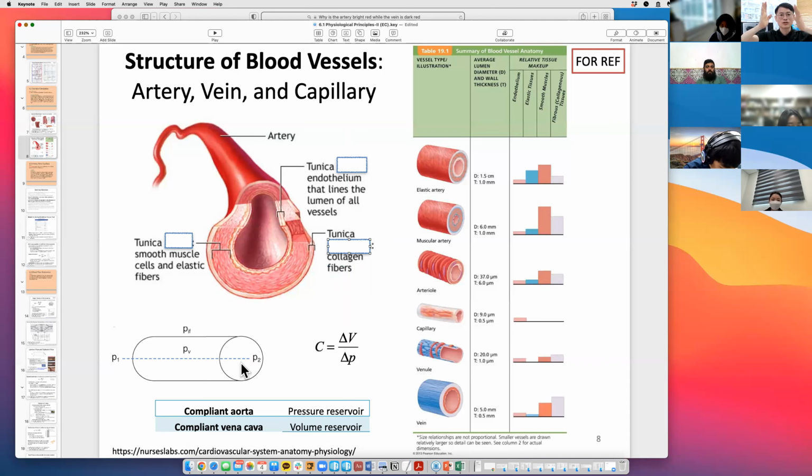Higher pressure to lower pressure, it flows. And what about the vessel wall itself? It has to expand somehow. The pressure inside the vessel, the vascular pressure, versus outside the vessel, the interstitium, inside has to be higher than outside to keep the vessel inflated.